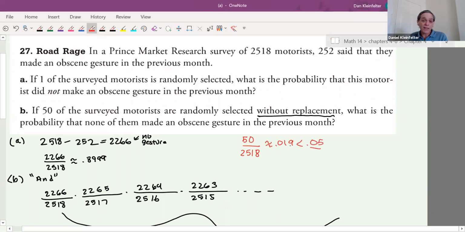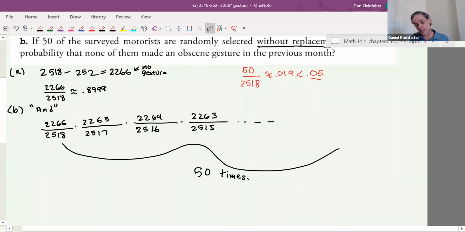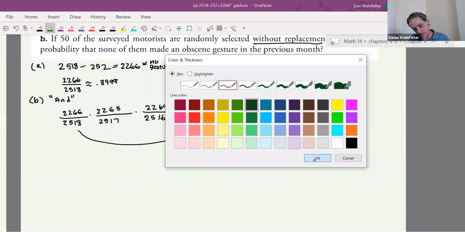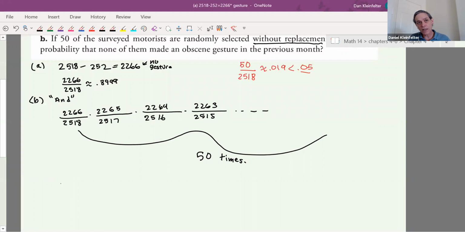So that means that we can go ahead and treat this as if it is independent, even though it isn't truly. So let's go ahead and act as if it is independent. If we are, then we could just treat it as if we're doing it with replacement.